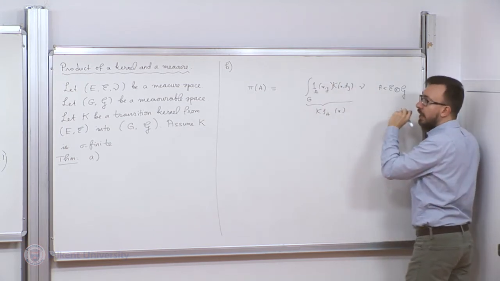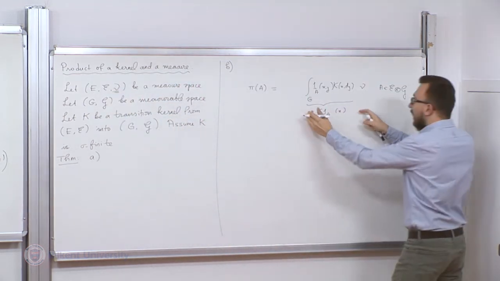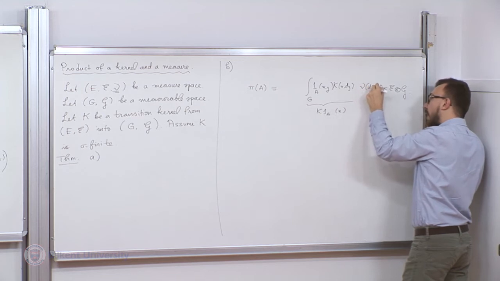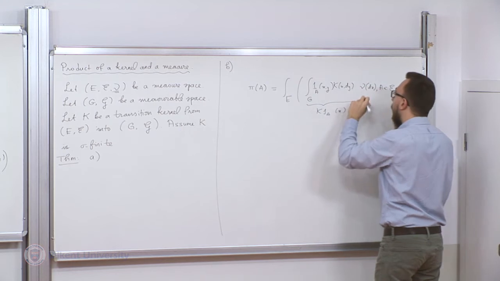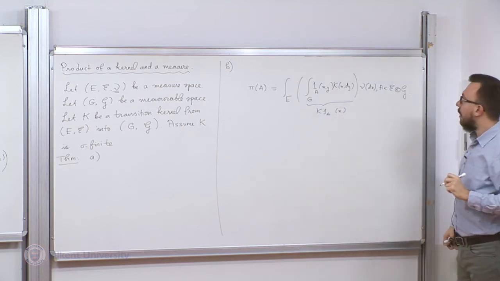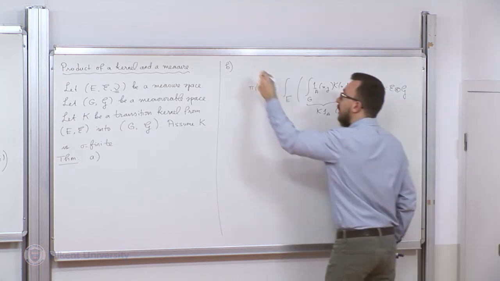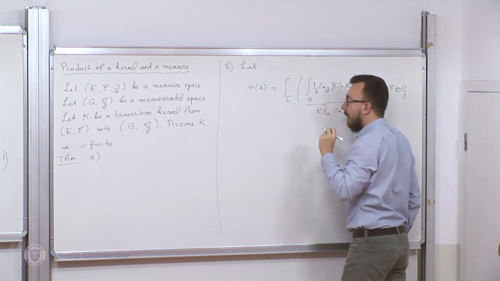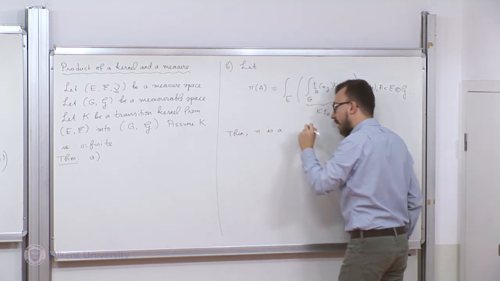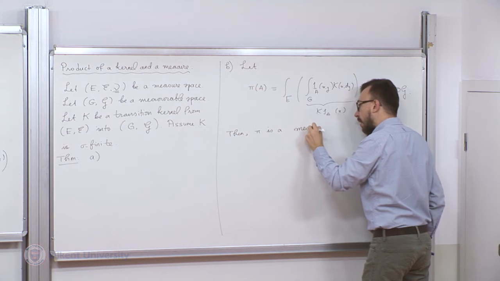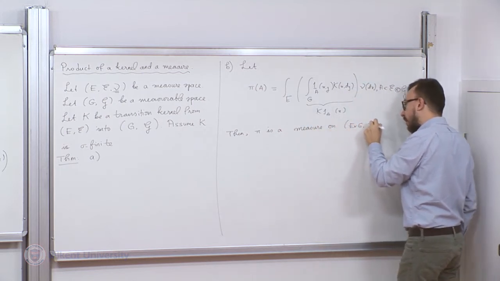Therefore, I use my measure on the first space to integrate this function over the first space. Okay? Then pi is a measure on the product space.